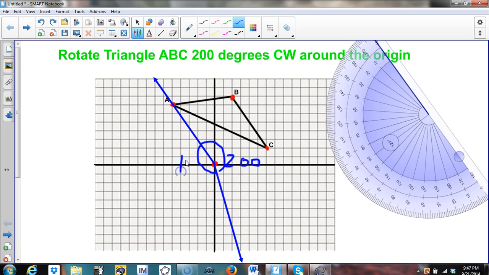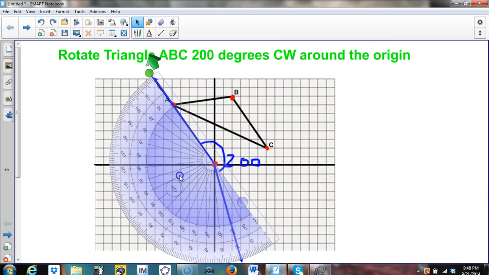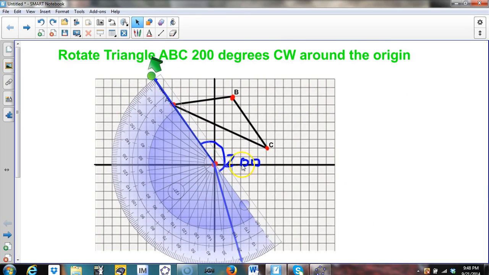So we know automatically that this is 160 degrees. Notice 160 is under 180 degrees, so we could use our protractor and measure that. So even though I'm rotating 200 degrees clockwise, instead of measuring an angle twice, because it's bigger than 180 and we'd have to measure 180 and then 20 again, we could turn our protractor and rotate counterclockwise, that's what we call the reflex angle.